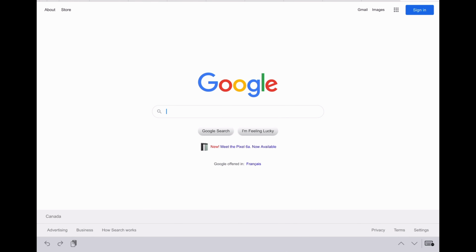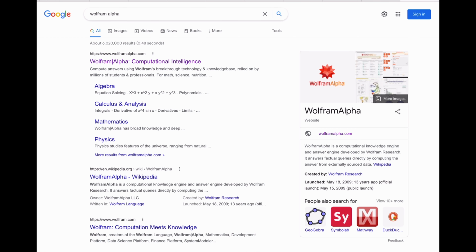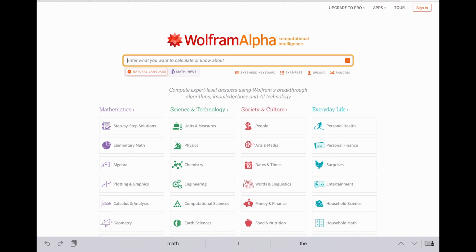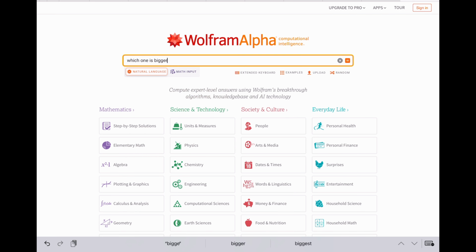Now my regular calculator cannot handle numbers that are that big, so I'm going to go ahead and look for Wolfram Alpha, which is essentially a big online calculator. The nice thing about Wolfram Alpha, well, there's lots of nice things about Wolfram Alpha, but in particular, it actually interprets language. So I can simply say, which one is bigger, 92 to the power of 12 or 26 to the power of 24?